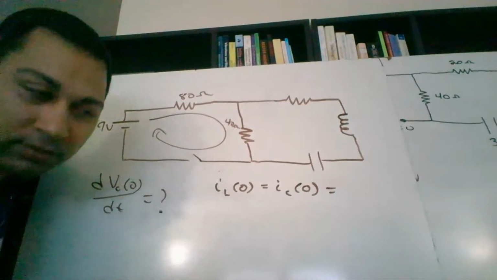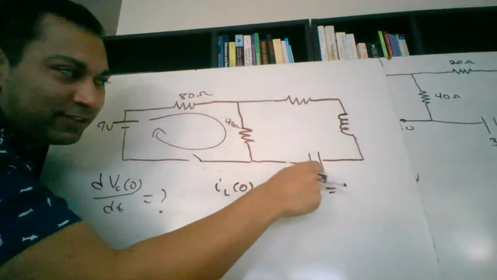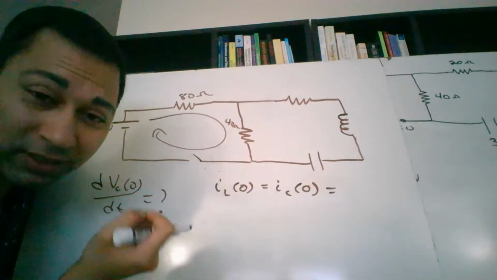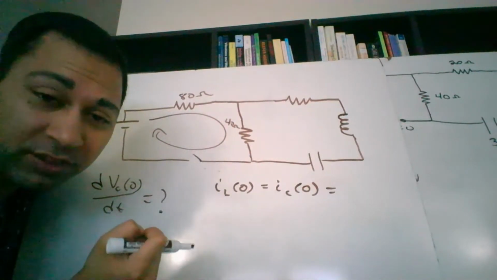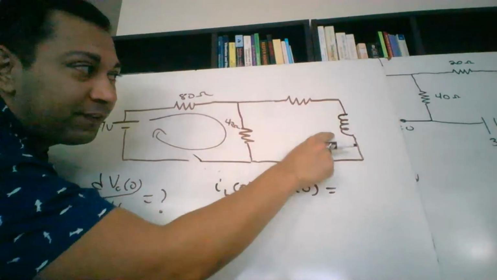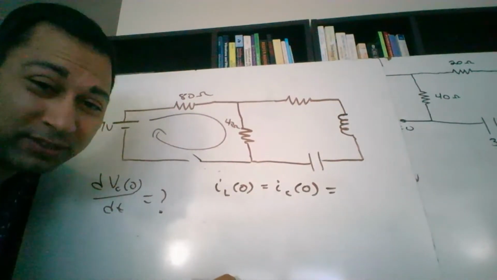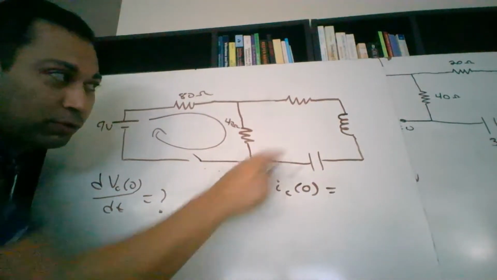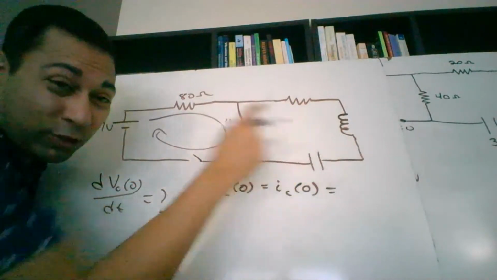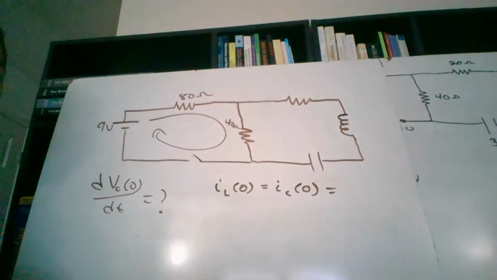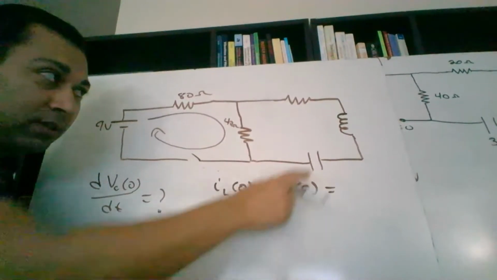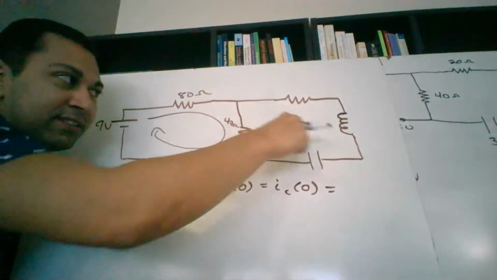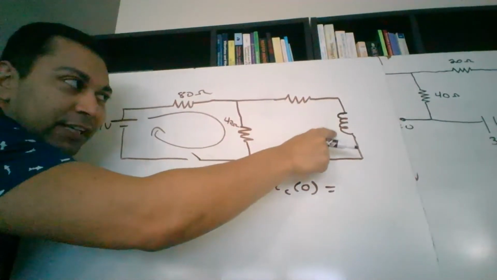At the very beginning, you have all this charge that's built up that wants to move. But induction, remember induction? It doesn't want to change the flux. So if there was no current going through here at time equals 0, there's going to be no current going through the inductor, because if there was, then you would be changing the magnetic field. There's going to be a magnetic field here, and when you open this, the current is only going to flow through here, which would change the magnetic field.